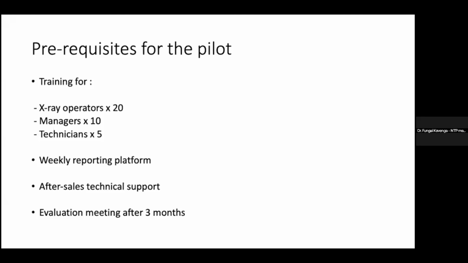We need a weekly reporting platform so that we'll be able to track the data and make timely decisions. There is need for after-sales technical support so that we don't face any glitches. Then, of course, we'll plan for an evaluation meeting after 3 months. And this evaluation meeting will inform scale-up of this intervention. Next slide, please.